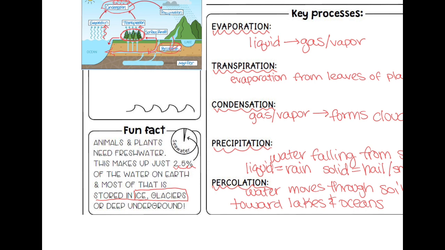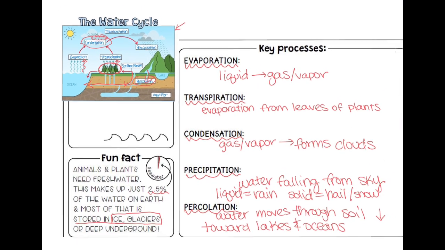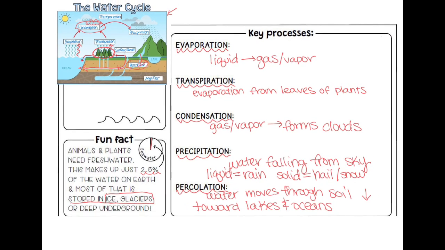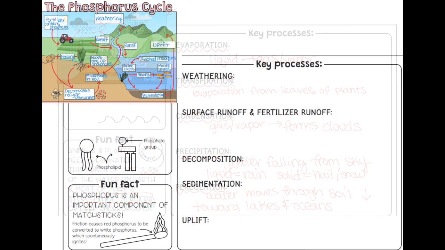So we're only able to use a teeny tiny little percentage of all of the fresh water on the Earth. That's very interesting to me. Okay, so we're gonna keep going with all the rest of our cycles. So keep on moving through your notes and pay attention.